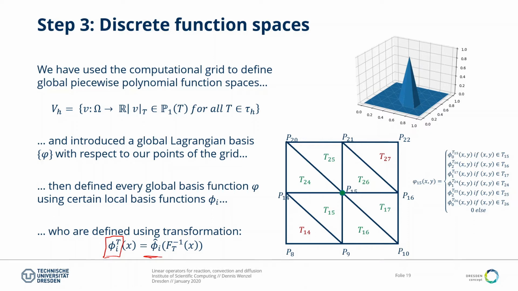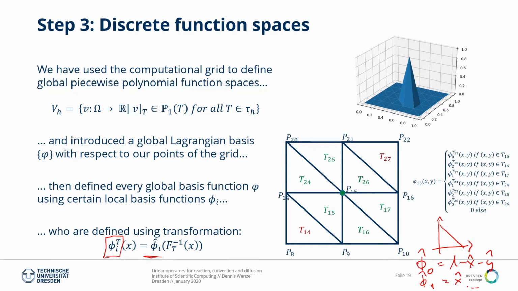The reason for this concept was that on the reference cell, which has those super simple coordinates, we were easily able to define those basis functions that fulfill a Lagrangian condition, right? This phi hat 0 was something like 1 minus x hat minus y hat, and then phi 1 hat was just x hat, and so on.